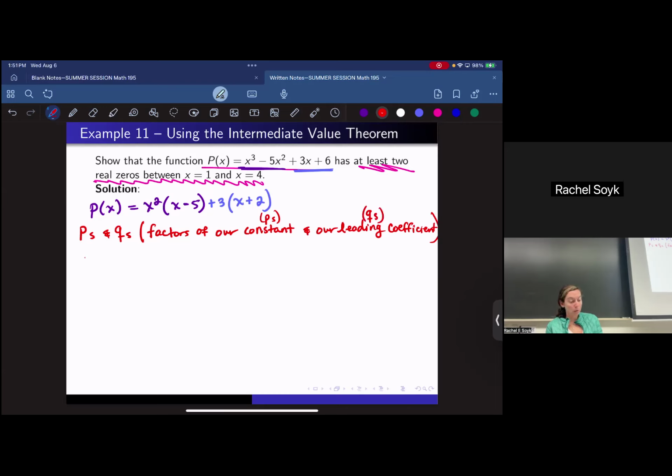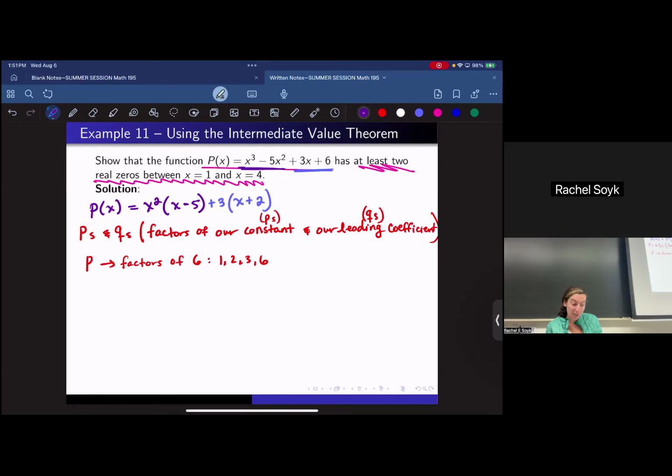And so our P is 6 here. We want to look for factors of 6. So for P, we're looking for our factors of 6, which is 1, 2, 3, and 6.